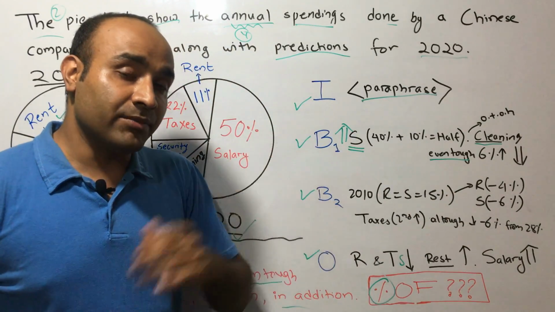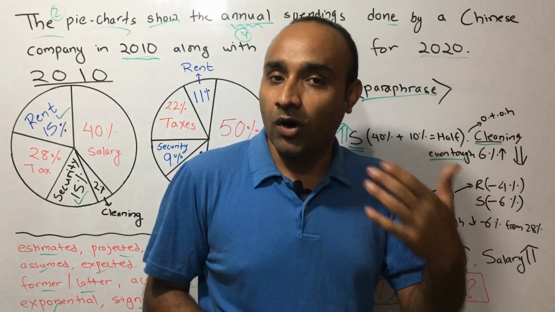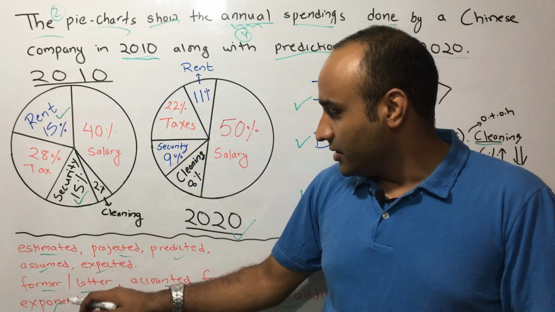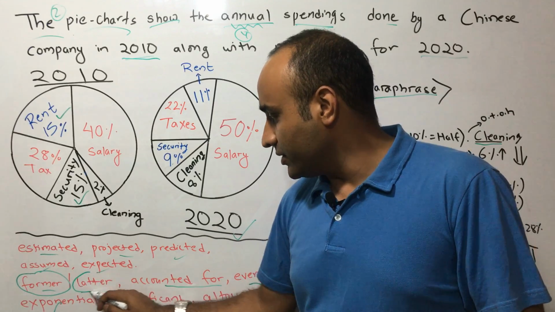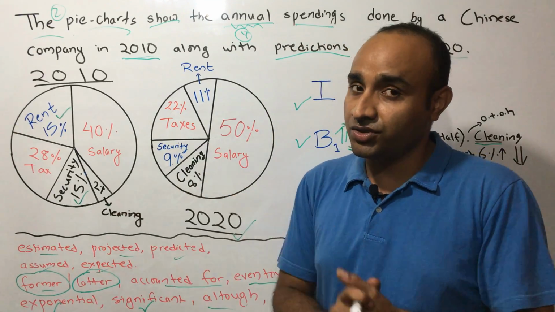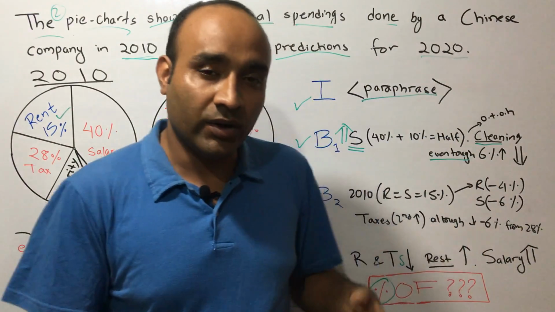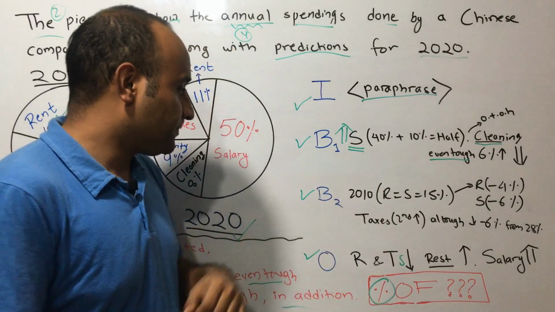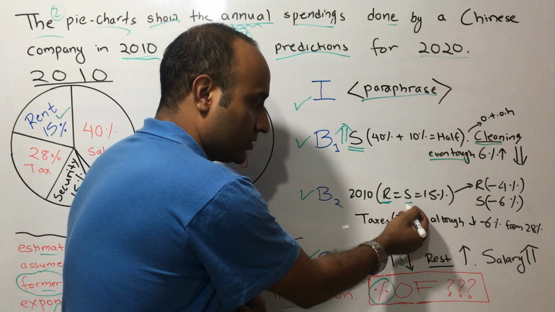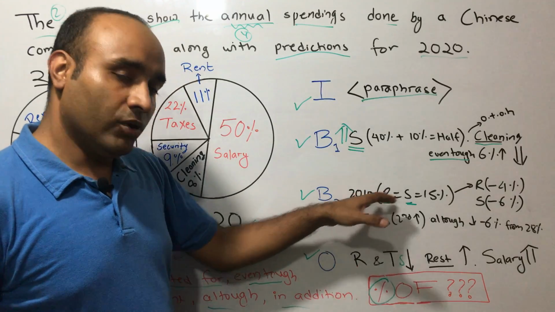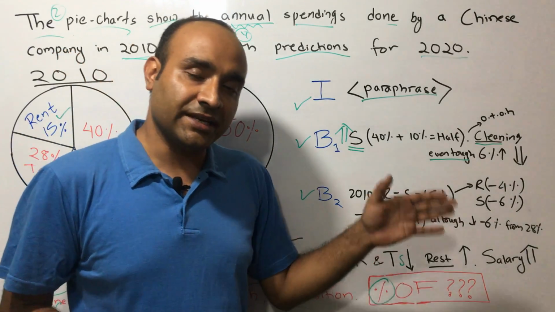Then I'm going to use something called former and latter. If you have a look here, I've got these two words. These words make your sentences really strong. So let me see where I can fit them in. I'm going to talk about rent and then I'm going to talk about security. So both of them have a figure of 15% each.